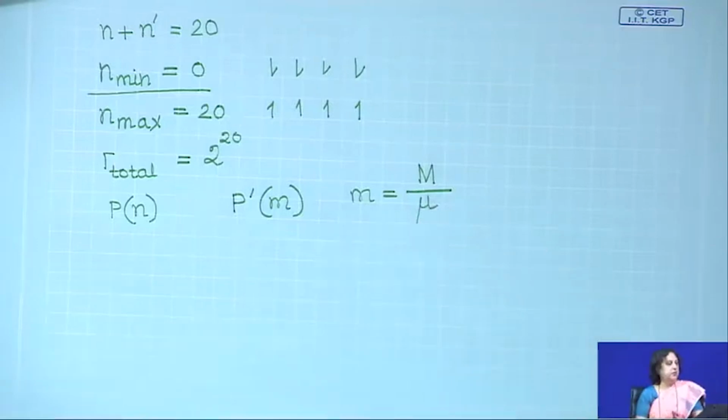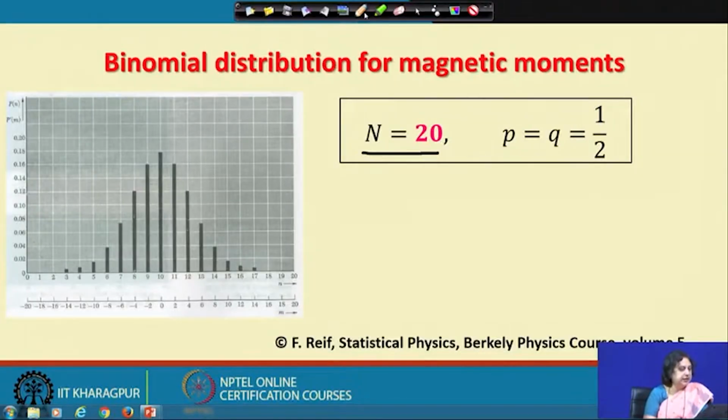Now, let us have a look at the binomial distribution once again. Here the major thing that you must note is that the minimum value of n is 0 and the maximum value is 20.